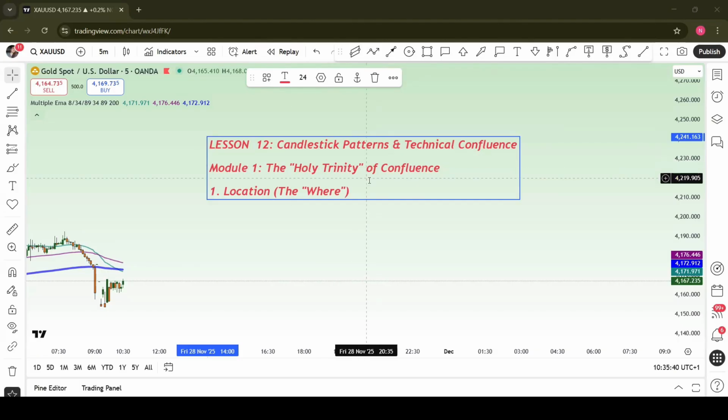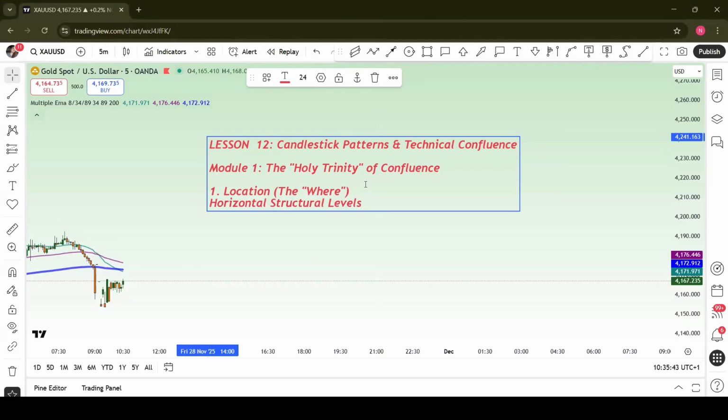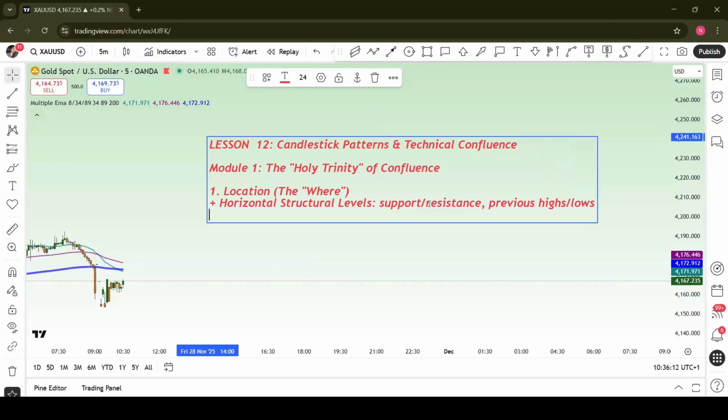We will pay attention to structural levels like support or resistance, previous highs or lows. Okay.